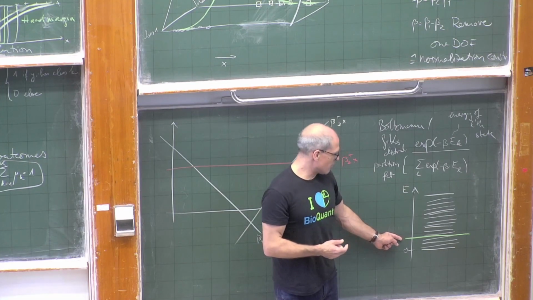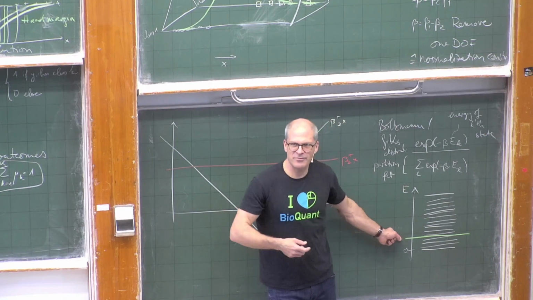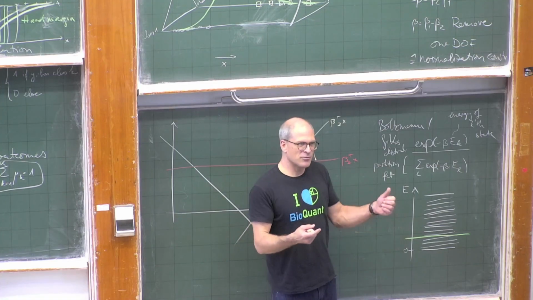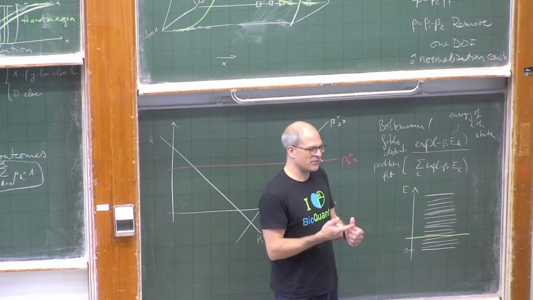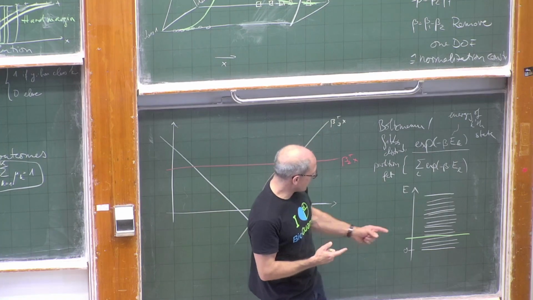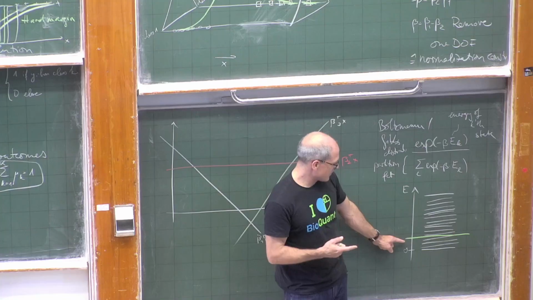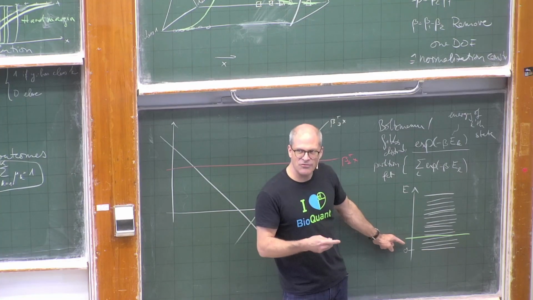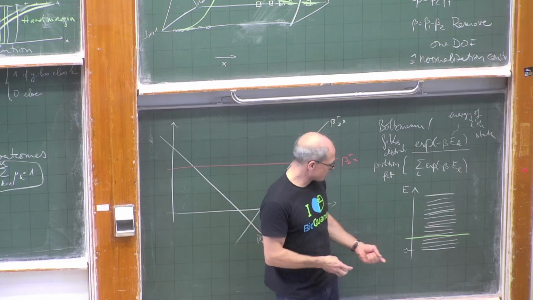And so you can write this as a Lagrange optimization problem. I am looking for a distribution, and you need two Lagrange multipliers, one for normalization, and the other one to give you this mean energy. And then you can say, I want to maximize my entropy subject to these two constraints.